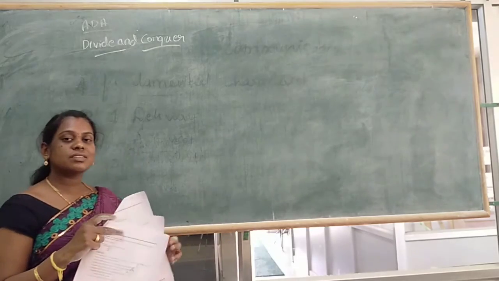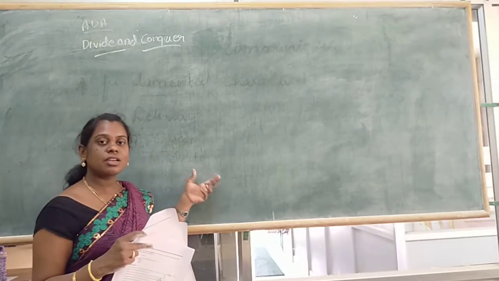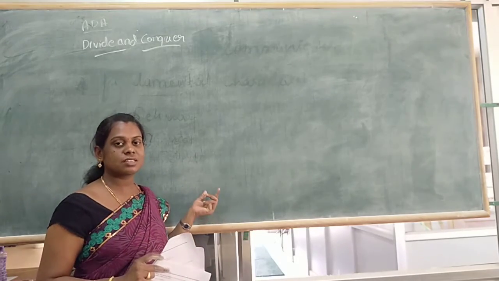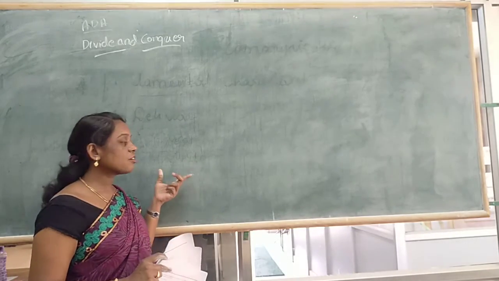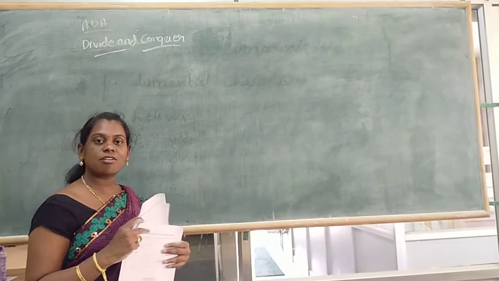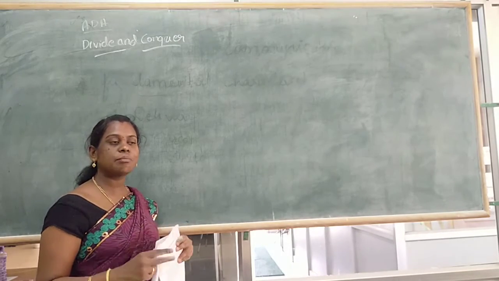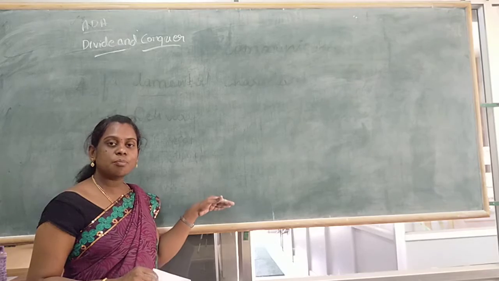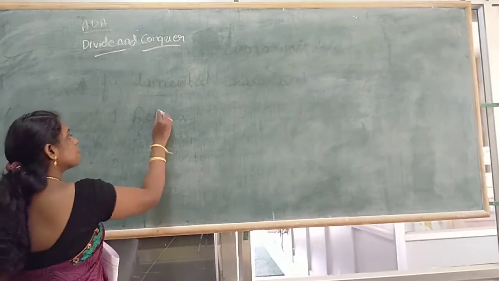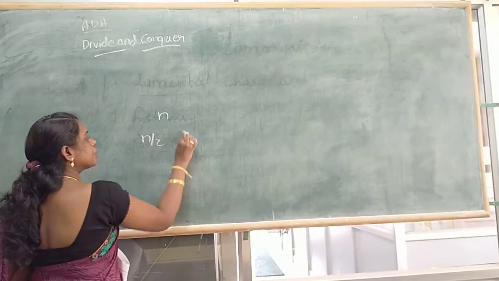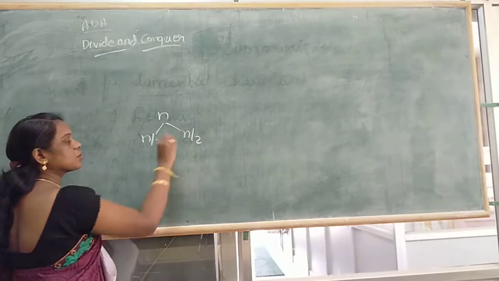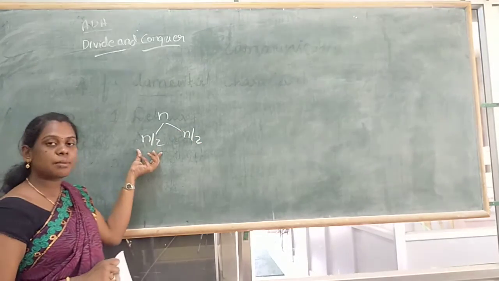If you have a small problem, you can easily find a solution, but in the case of a big problem, you can't solve it. At that time, you divide the problem size. For example, if the size is n, we divide it by n by 2. So now it becomes a small problem.